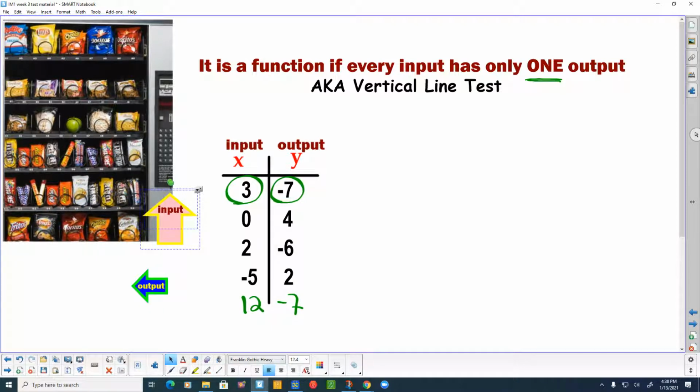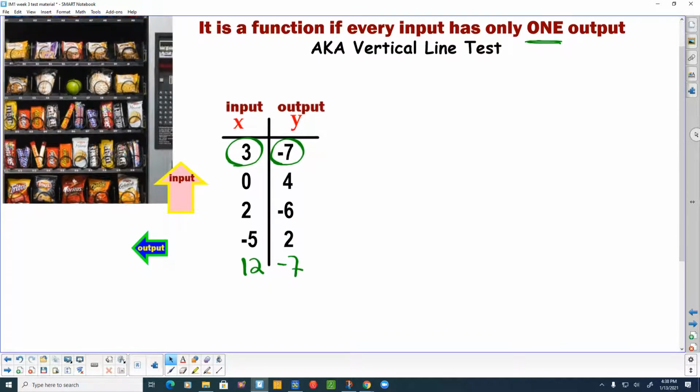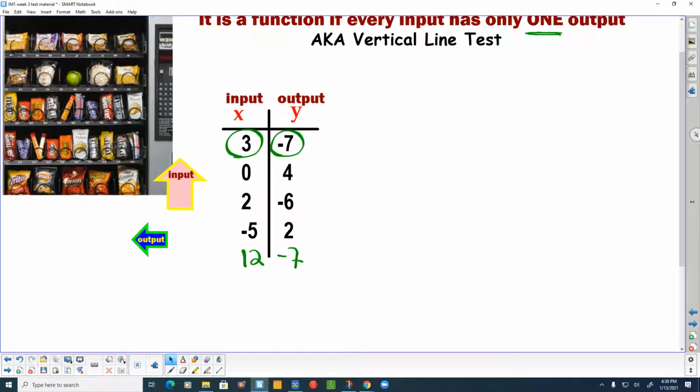All right, so now how do we make this not a function? Remember, it is a function if every input has only one output. What if I push this button and I get an apple? That's like me pushing the 0. I'm expecting a 4 for some Cheetos or whatever that is. And I push the 0 and something else comes out.